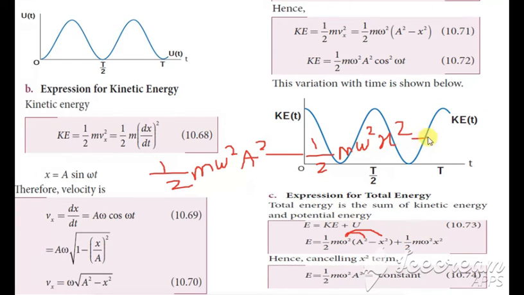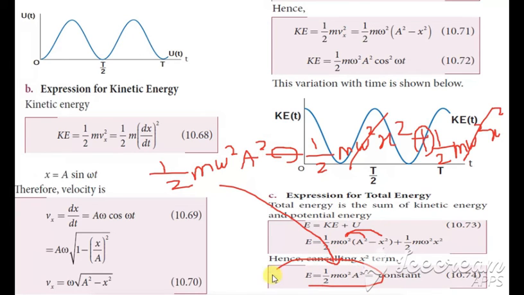Then writing this term as it is, we get plus half m omega square x square. This term is plus and this term is minus, the same term, so we are cancelling this. So the remaining is half m omega square a square. So that gives a value of total energy.